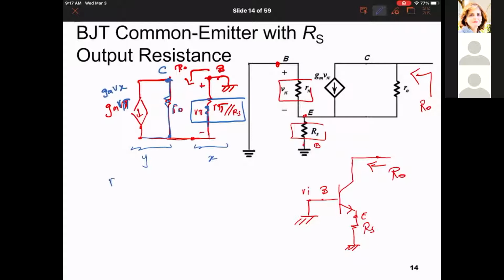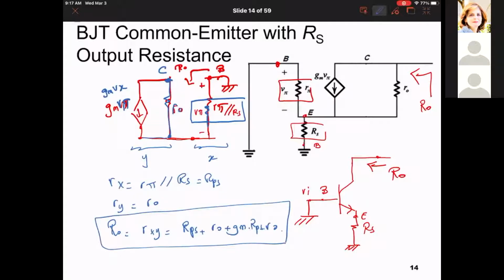So I have RX equal to R pi parallel to RS, and RY is equal to RO. Okay, the resistance seen is going to be RXY, which, if we call this RPS for simplicity, is equal to RX plus RY plus GM times RX times RY.